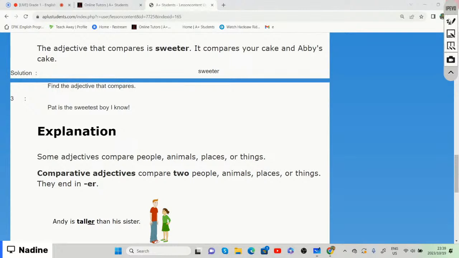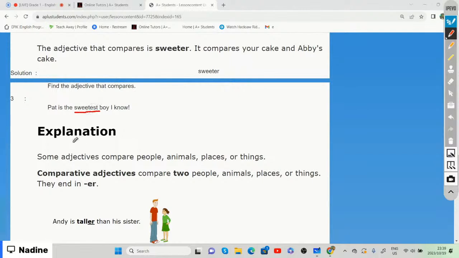If we look at the adjective that compares, we can say sweetest. So Pat is the sweetest boy I know.